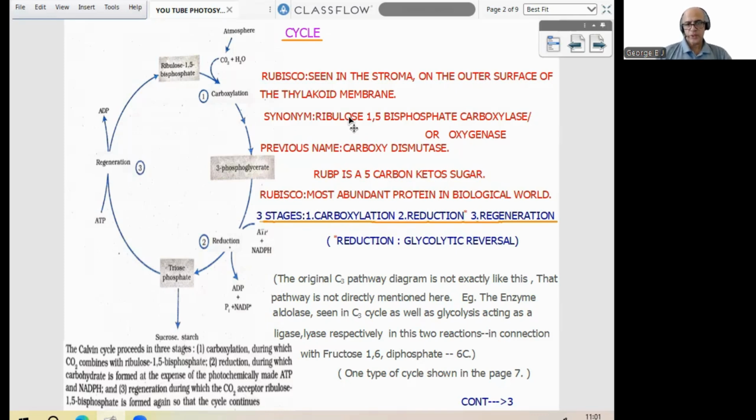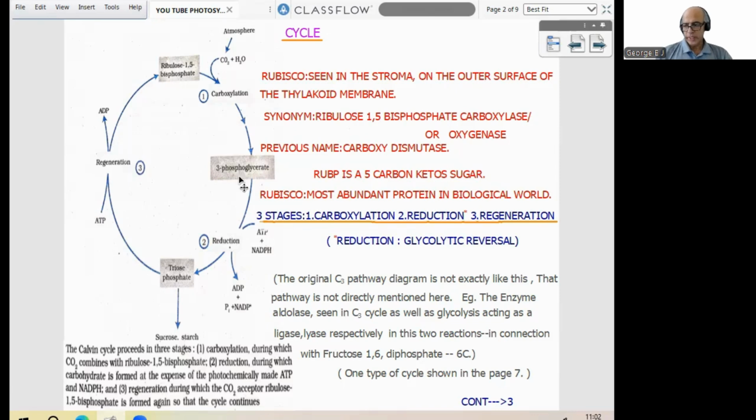So carboxylase or oxygenase. The previous name was carboxydismutase. So the main name is rubisco. The old name is carboxydismutase. It can do carboxylation, then carboxylase. It can do oxygenation, oxygenase.